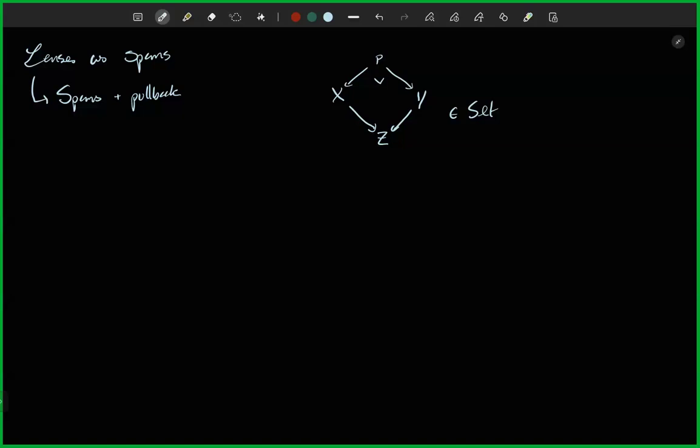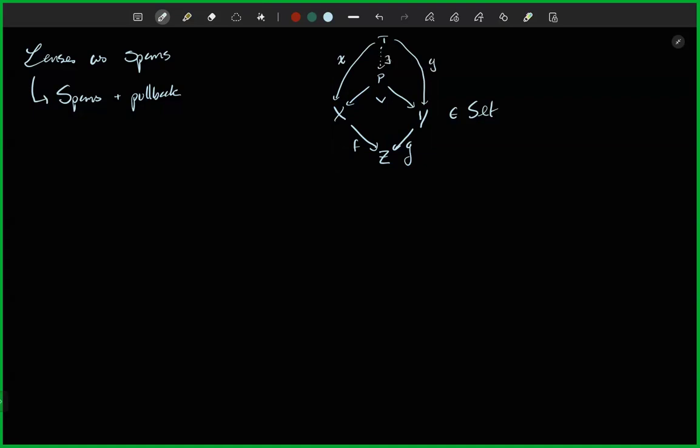So that for any other set, T, and any two functions like this, if I call this f and g, this pullback is the pullback of f and g. So any two x, y, there exists a unique x comma y like this, so that this diagram commutes.